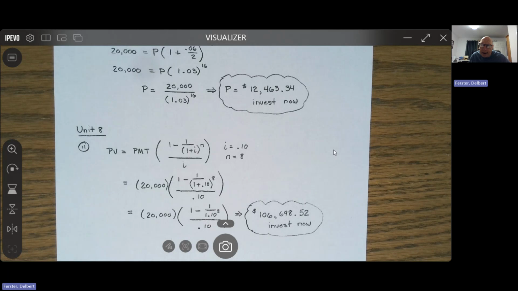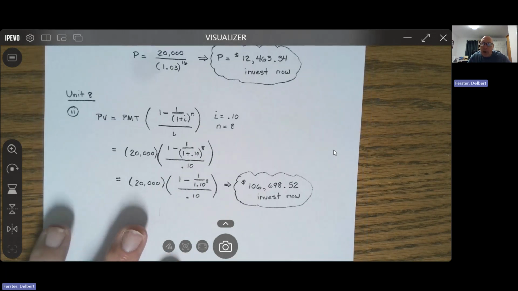So your next line to plug in, you're going to put $20,000 in. I'm sorry, you're going to want to pull $20,000 each of those years. And your interest is at 0.10 and your N value is at 8. 1 plus 0.10, if you will, is just 1.10.